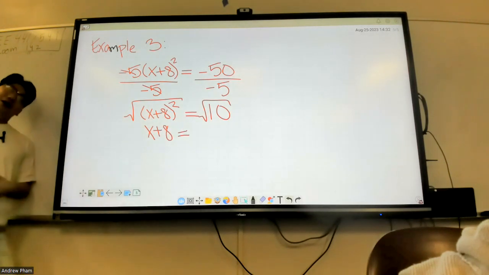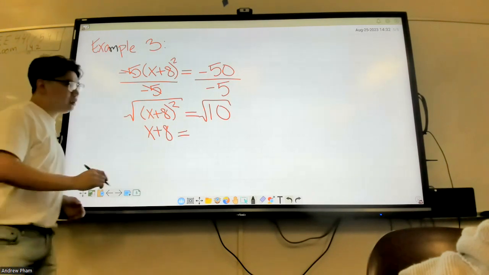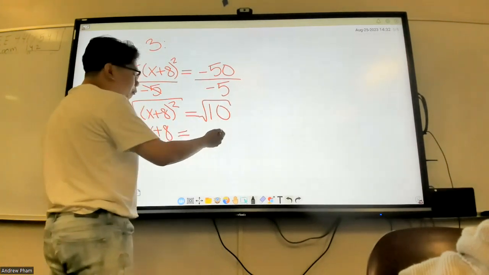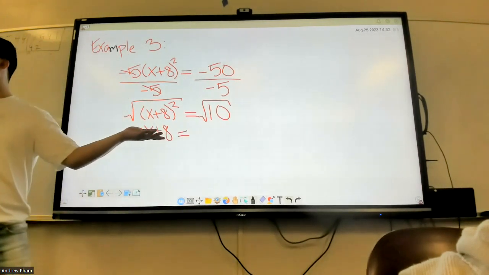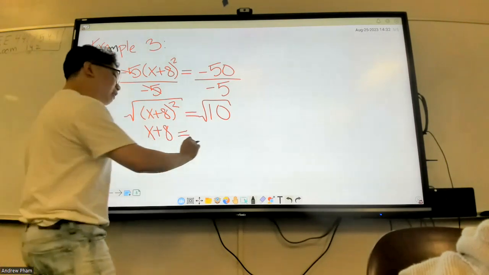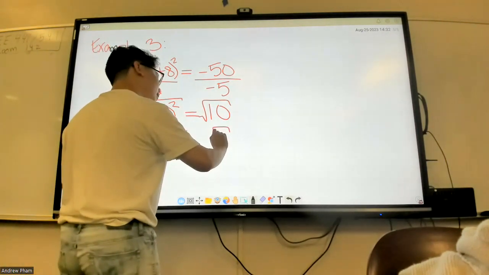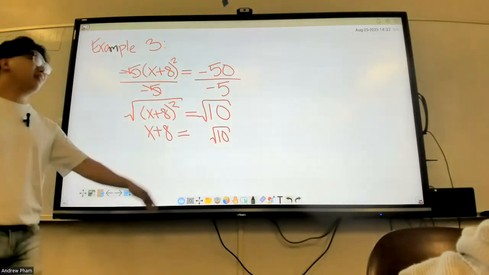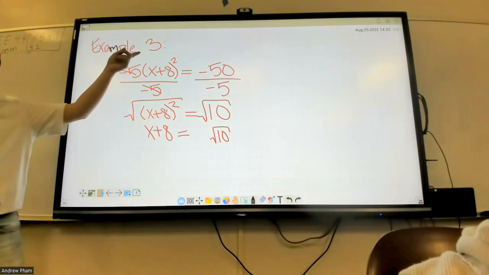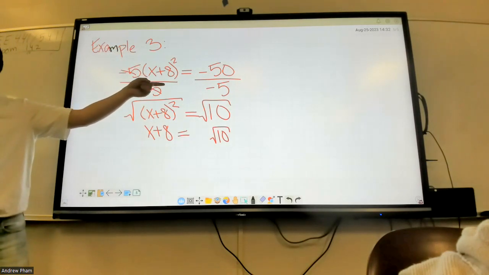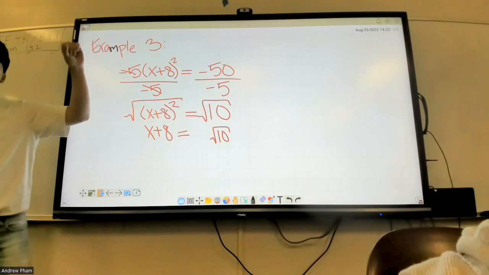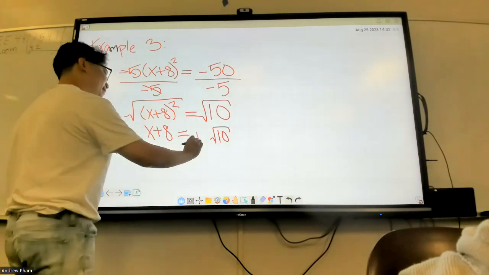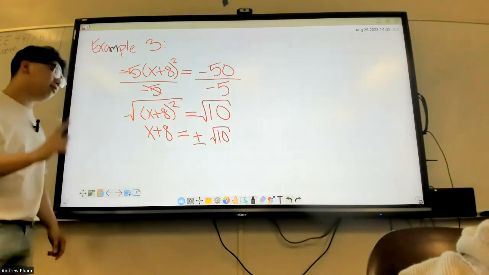And what am I going to write on the right side? What should I write? Yeah, so first off, square root of 10, that's not a perfect square root. That's not clean at all. So I know I have a square root of 10. And just like before, originally there was no square root, but I introduced one. When I introduce a square root, I need a plus minus symbol.